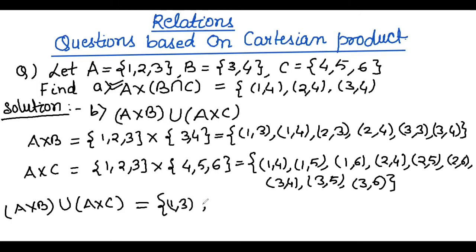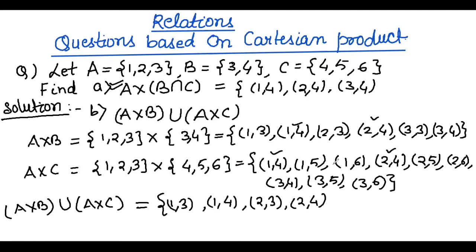then 1, 4, then 2, 3, then 2, 4. 2, 4 is here in both the sets. 1, 4 is also.